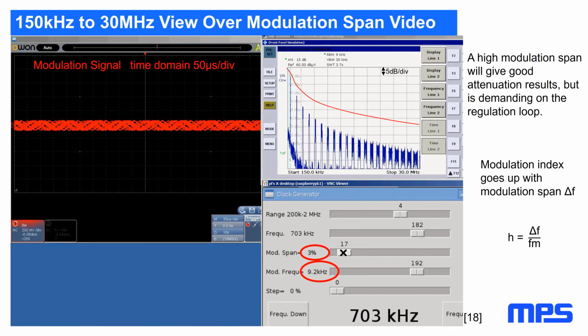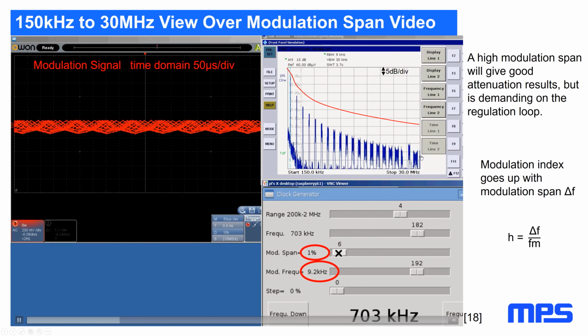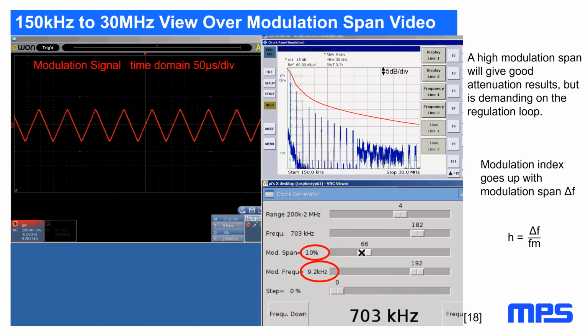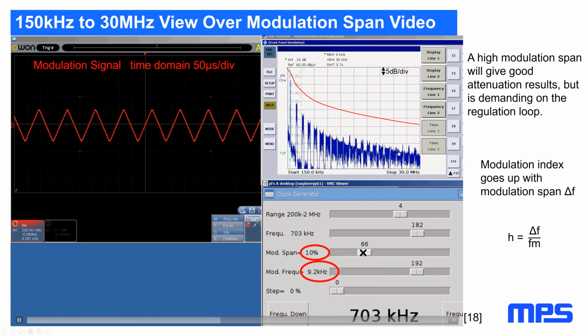Now with that little span, we don't even get overlap. We also see that too little span will not give optimum results. And if we increase the span to whatever 10-20% or so, we get into the overlap region and we get optimum results.